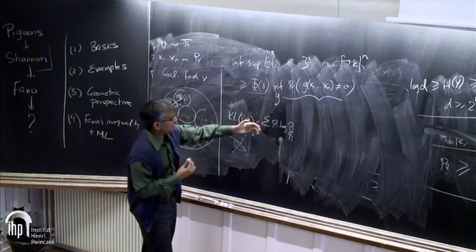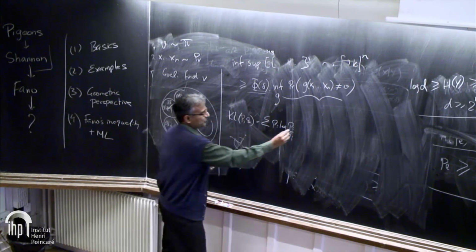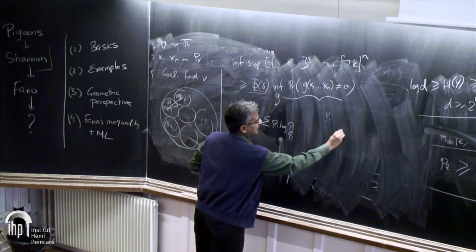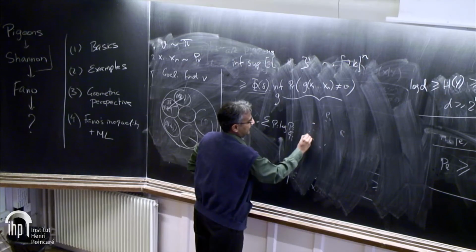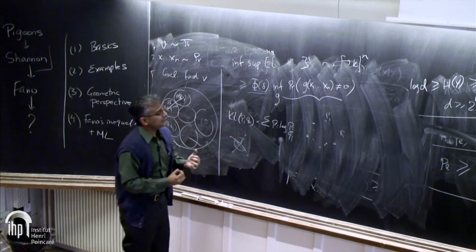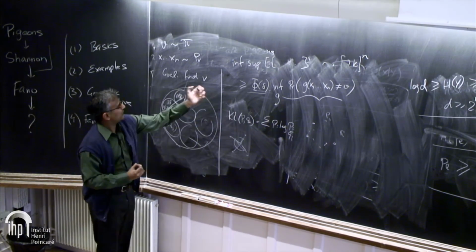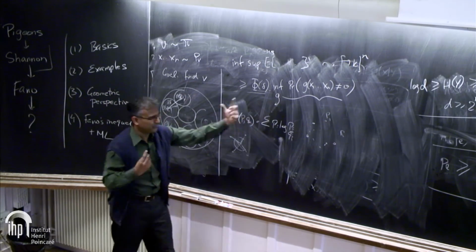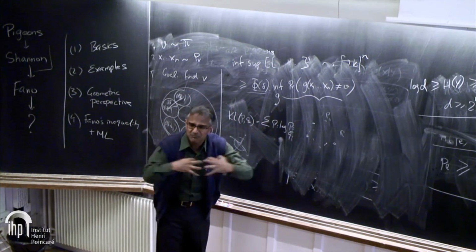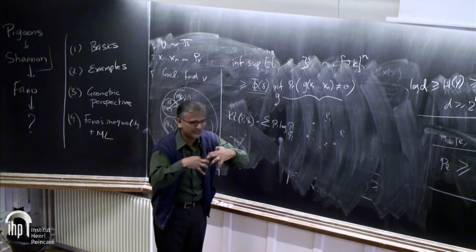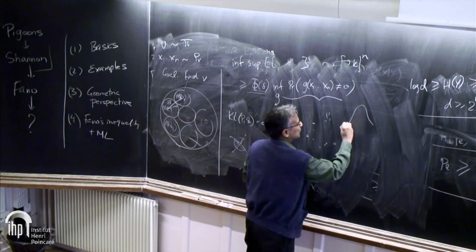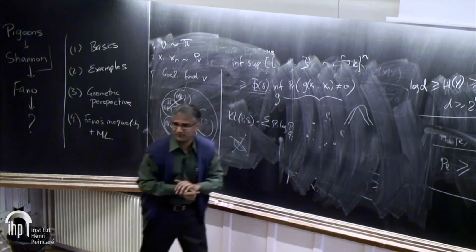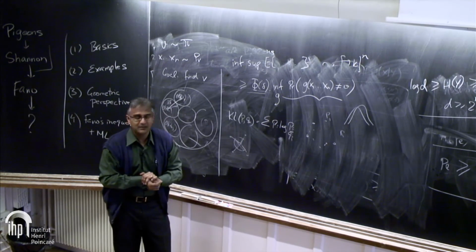If you have a collection of distributions PV, P1, P2, all here, and I want to increase the reconstruction error of finding which of them the sample came from, intuitively we know what that means. They're going to converge together. They're going to be almost the same. If my two distributions look almost the same, it's going to be very hard to tell from samples which of the two I'm in.